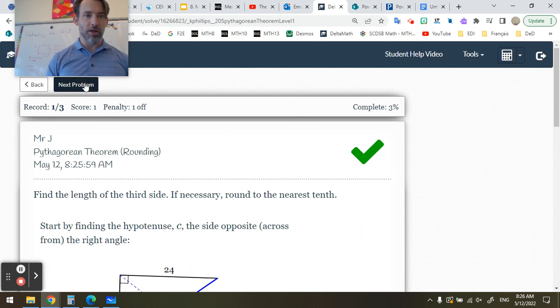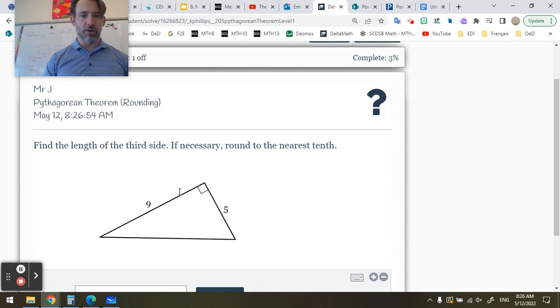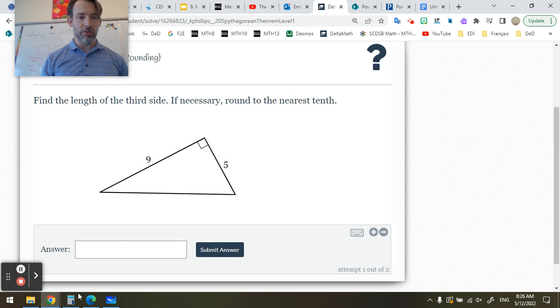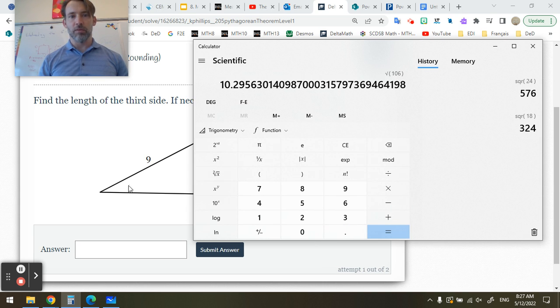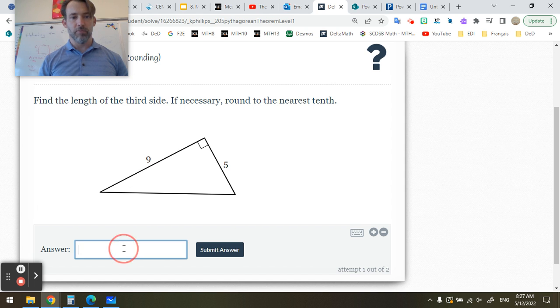Let's try and get one where, okay, so here it's 9 and 5, and if necessary, round to the nearest tenth. So we have 25 plus 81, and that would give us 106, and the square root of that is 10.3.